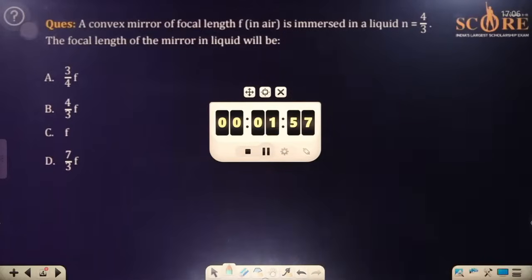Come on, people. It is again a very simple question.